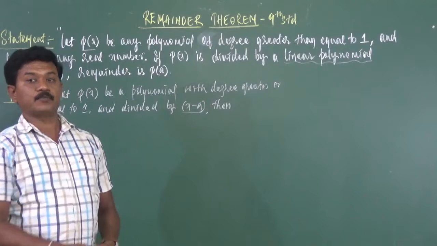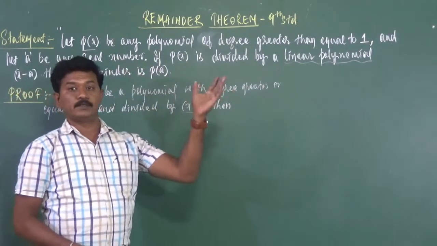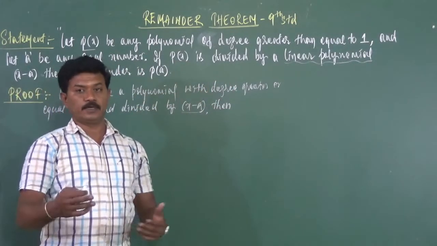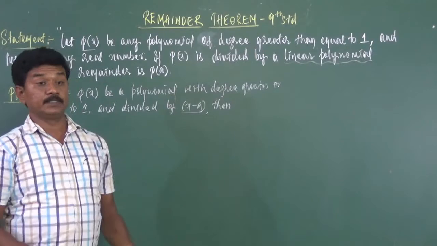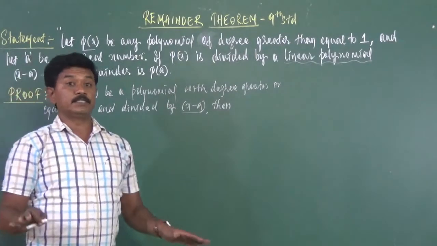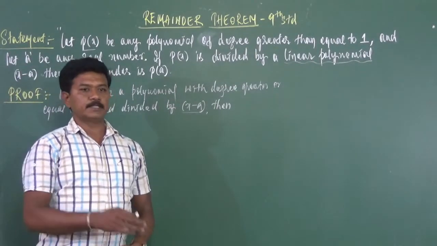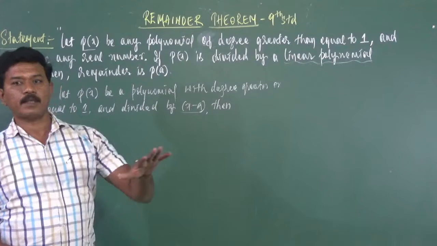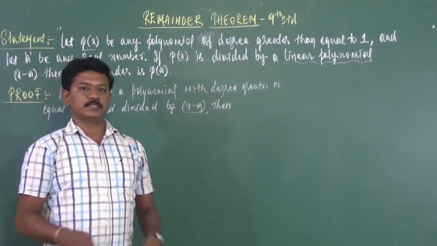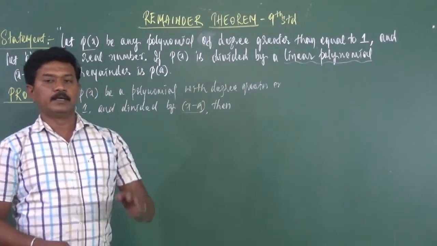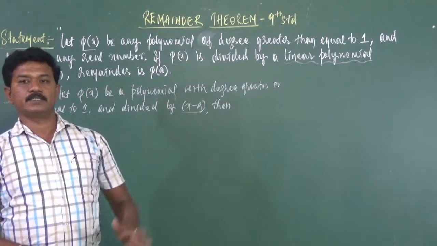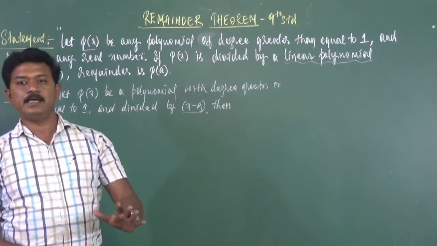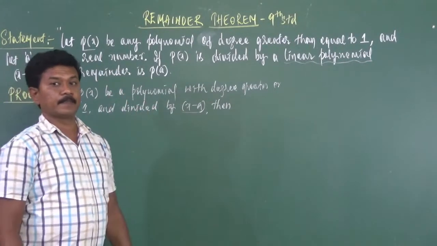Why q of x? Because it is quotient, and quotient starts with the letter q. It's not compulsory that you should take q of x itself. You can take anything you want, but as per the textbook, as everybody goes in the same way, we too will go in the same way, that's all, right? So let quotient be q of x and let the remainder be r of x.